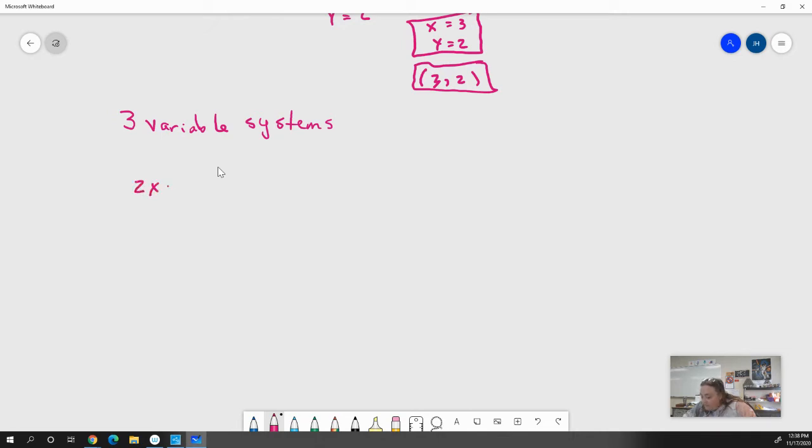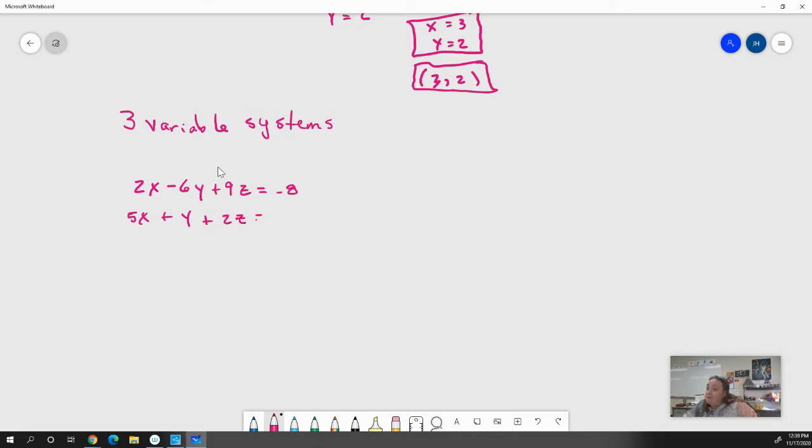So if I have 2x minus 6y plus 9z equals negative 8. And then we've got 5x plus y plus 2z equals 10.